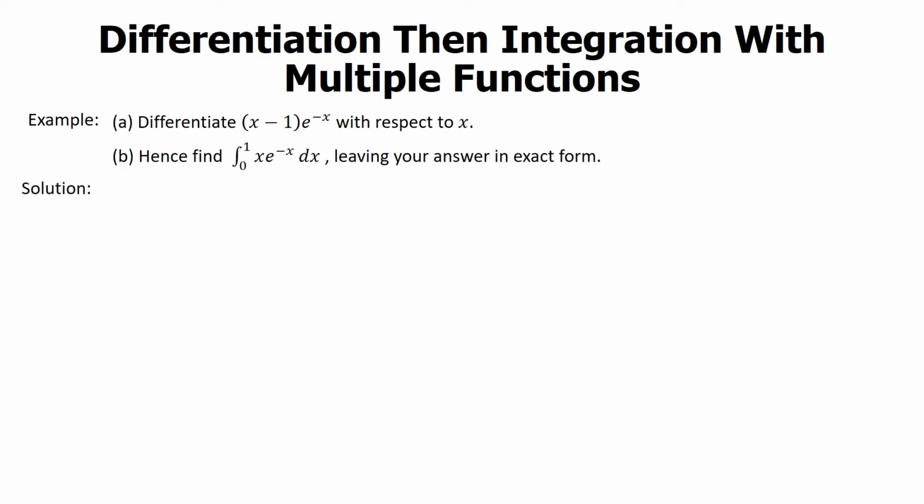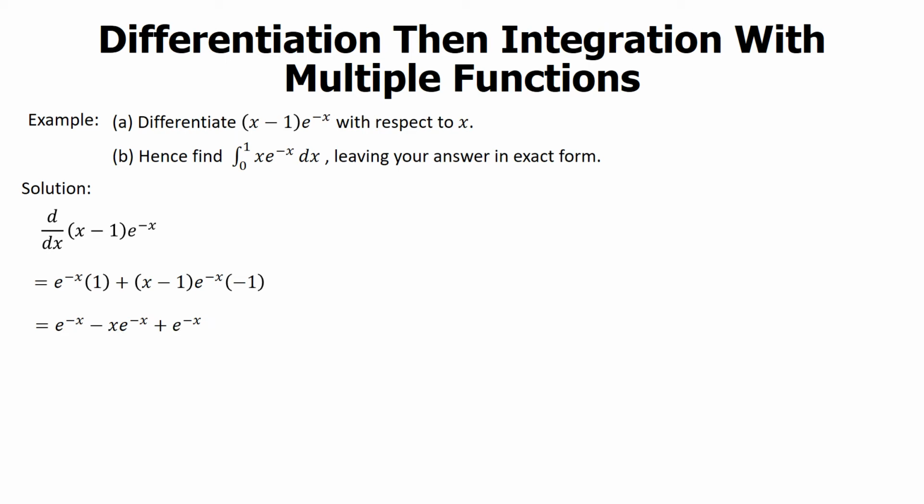So here is the solution. First, we differentiate x minus 1 times e to the power negative x with respect to x. So we can use the product rule, which gives e to the power negative x times 1 plus (x minus 1) times e to the power negative x times negative 1.